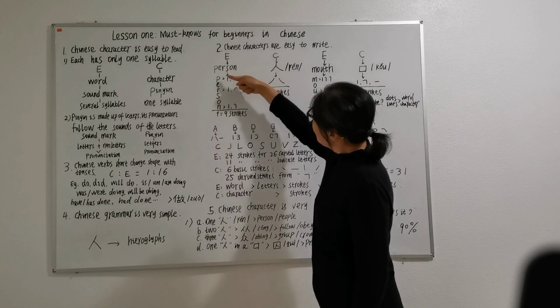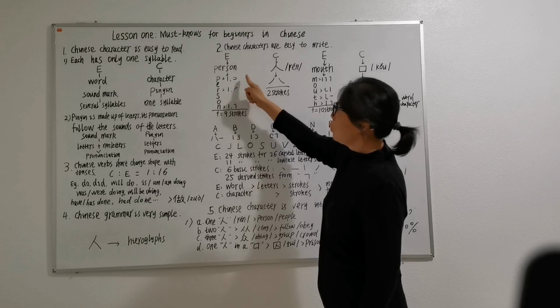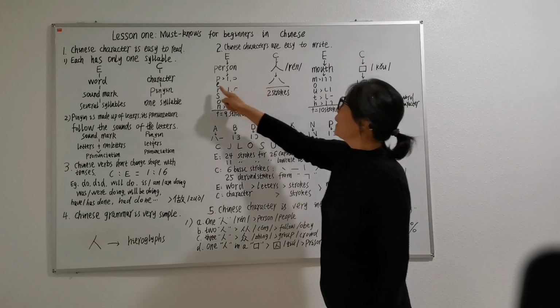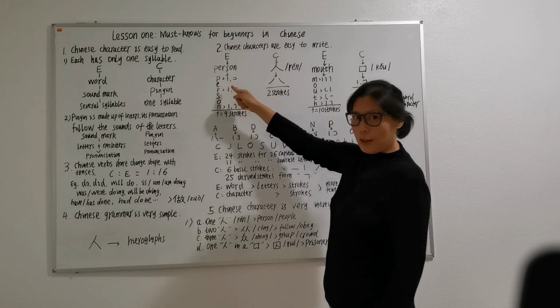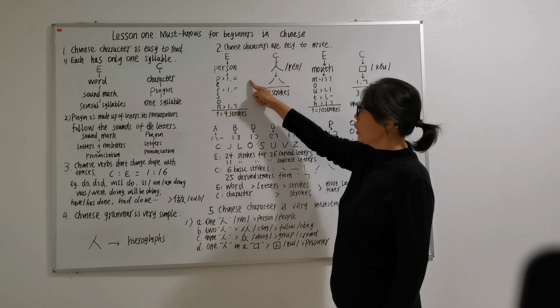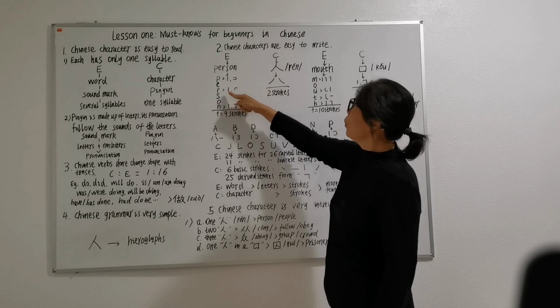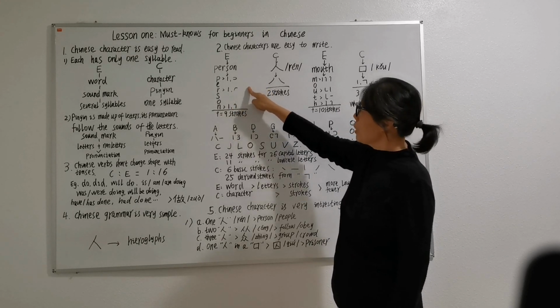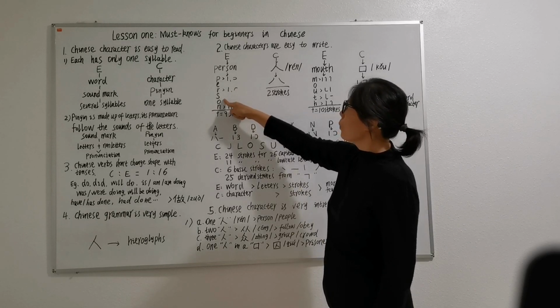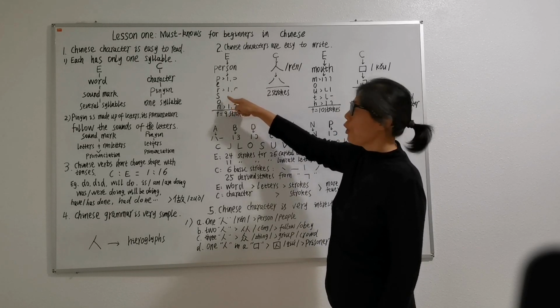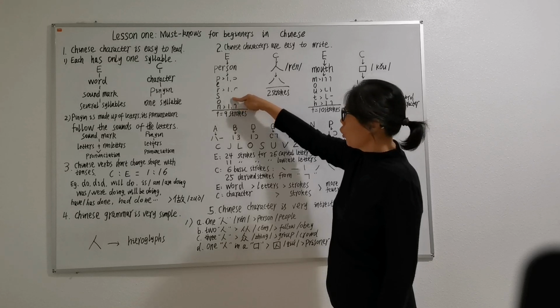P, 1, 2, 2 strokes. E itself is 1 stroke. And R, 1, 2, 2 strokes. S and O, each one itself is a stroke.